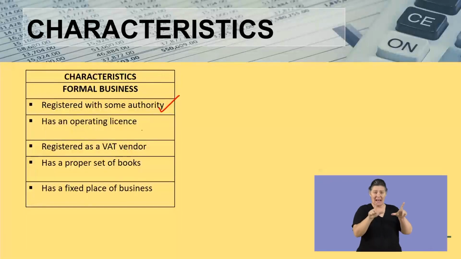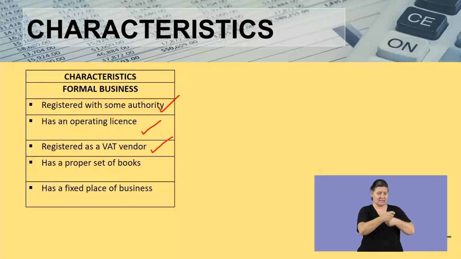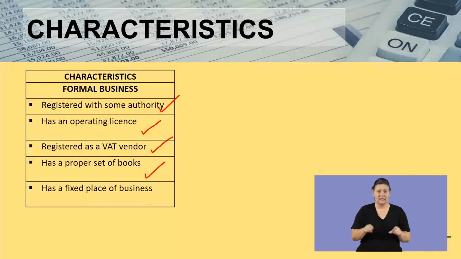It has to have an operating license, meaning it must be permitted to operate. It must be registered as a VAT vendor. It must have a proper set of books where you can see money received, money paid, things like that. It must also have a fixed place of business, an address.